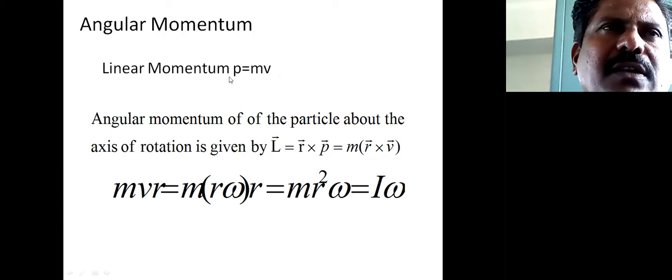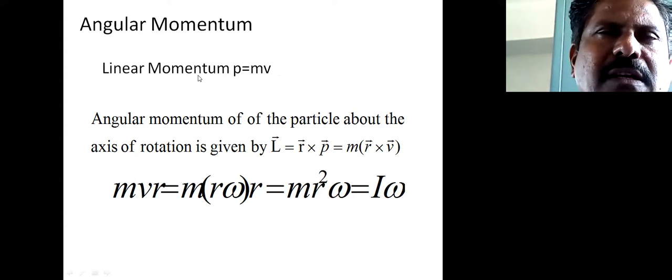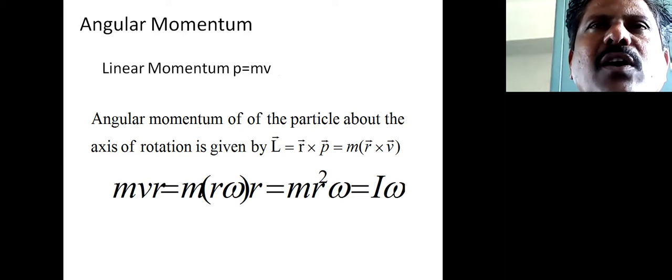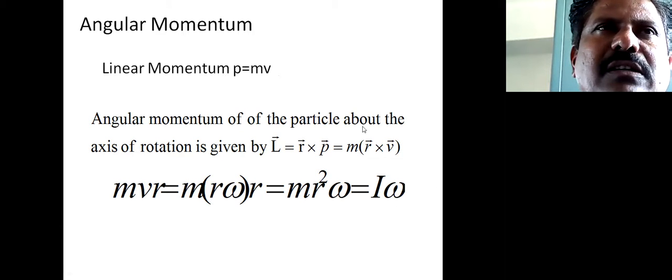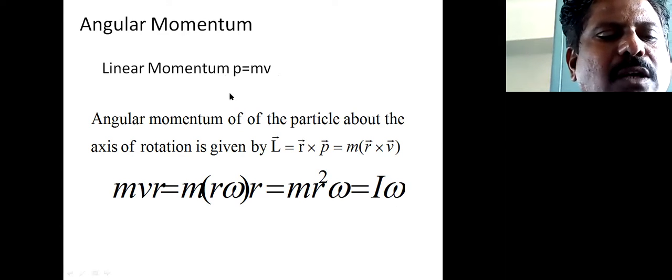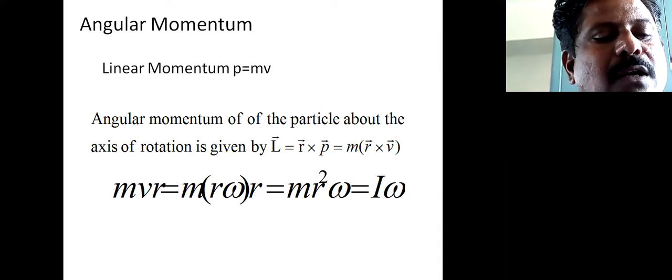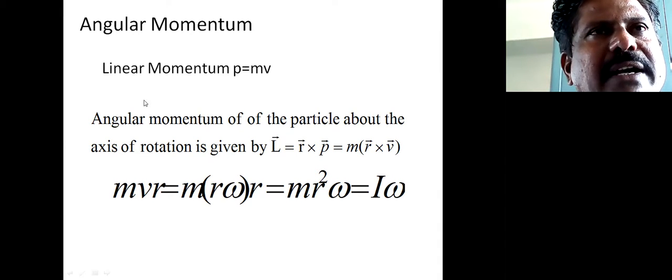During motion, that object is having a certain quantity of motion. The amount of motion in a body depends on the mass and the velocity.